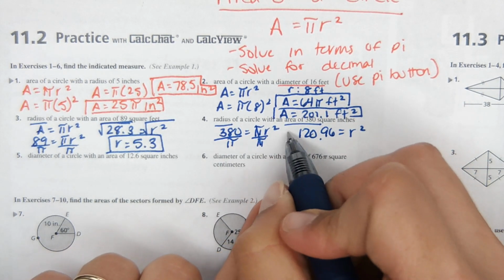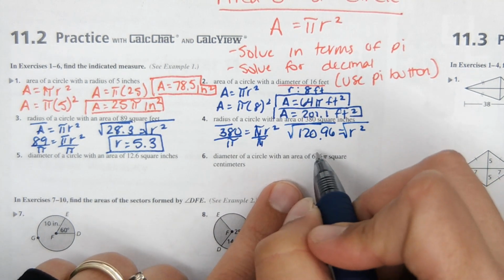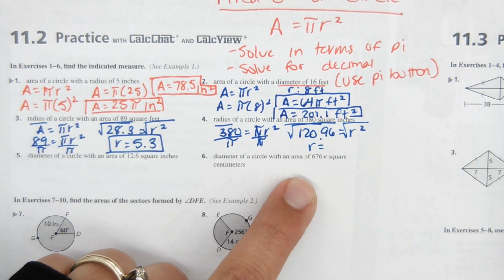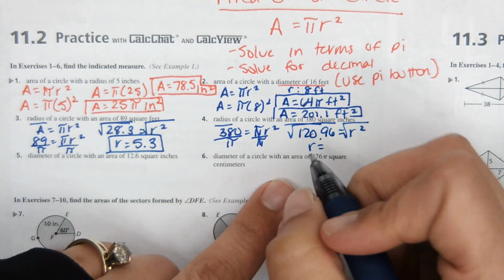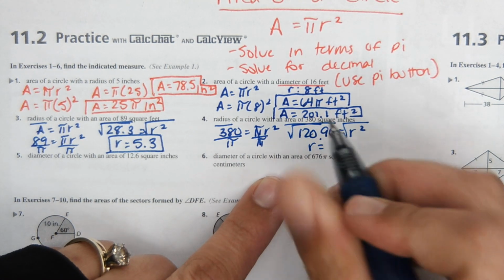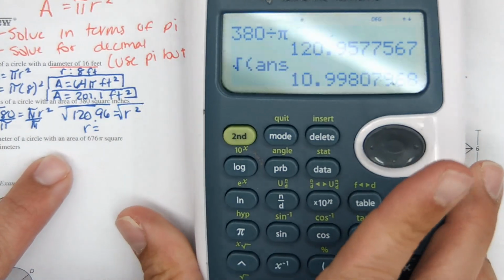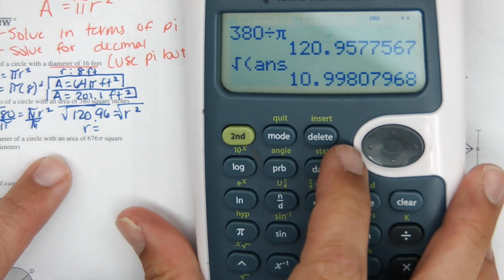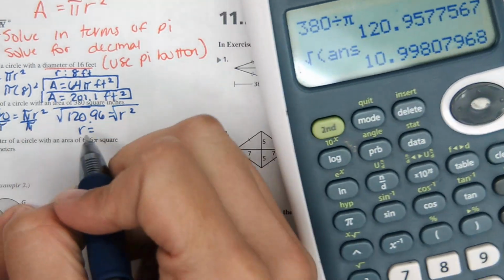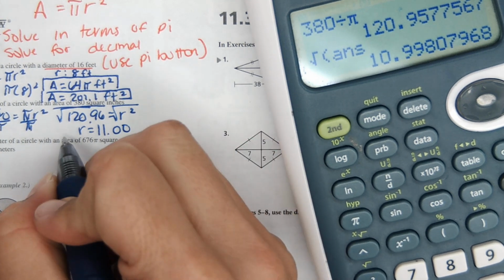And then to find the radius, take the square root of both sides, and r equals, it came out to this number, 10.998, which would actually round to 11.00.